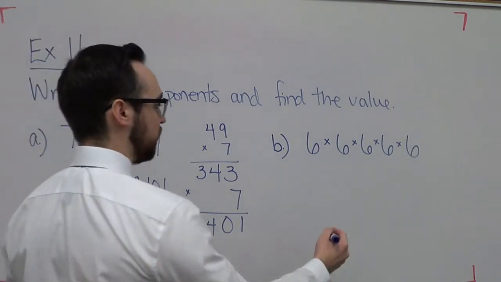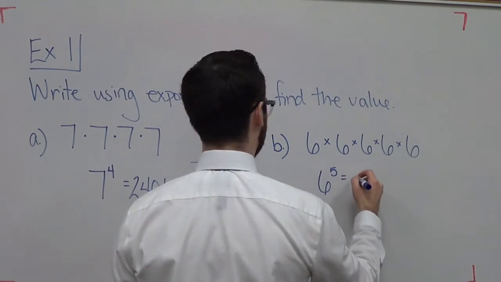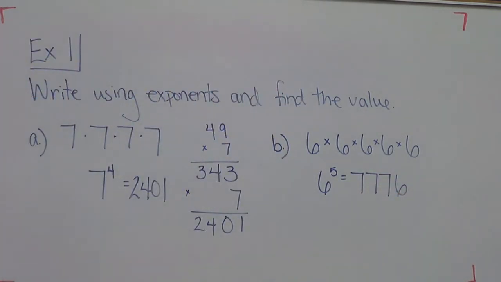So writing that as exponents would be 6 to the 5th, and that is equal to 7,776.